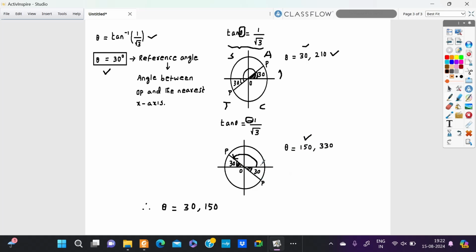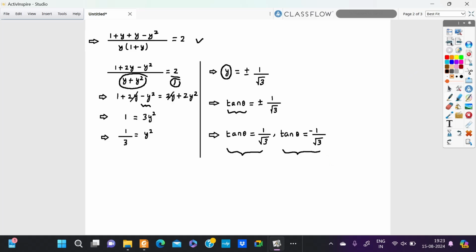The next one is 360 minus 30, which gives us 330. So now we have four values. We had two different equations and we have four values: 30, 210, 150, and 330.